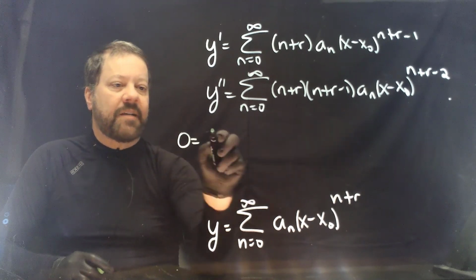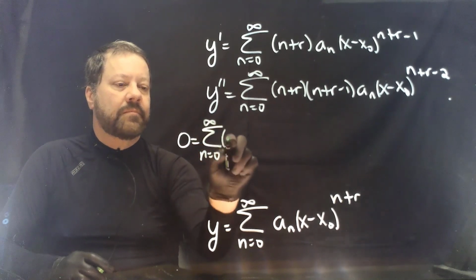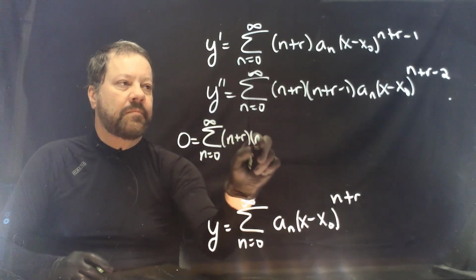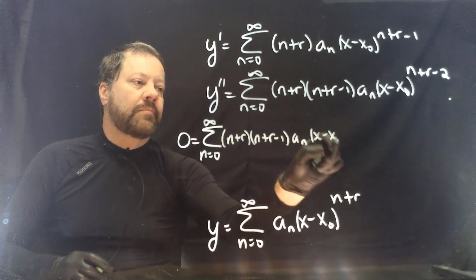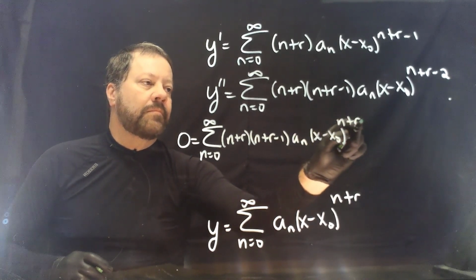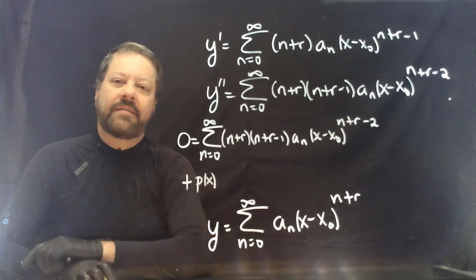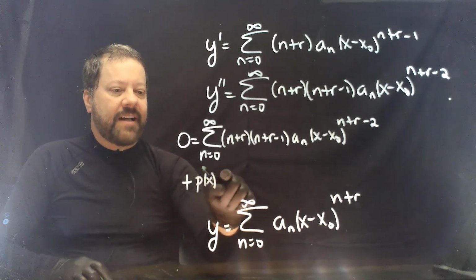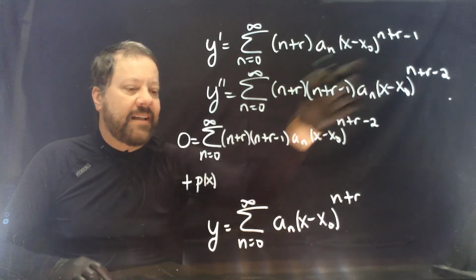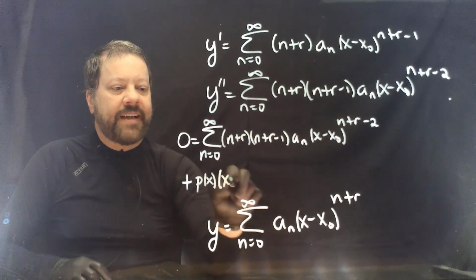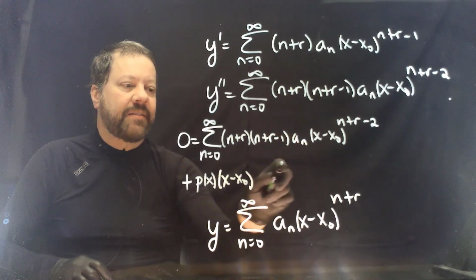So we'll have this sum plus p of x times y prime. But I'm going to take one factor of x minus x naught out so that I can then take a limit later.